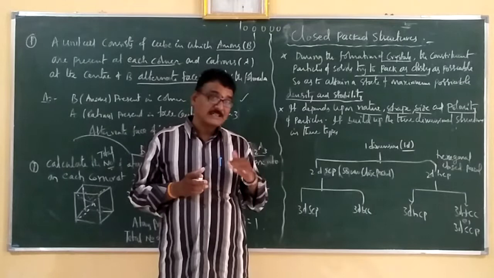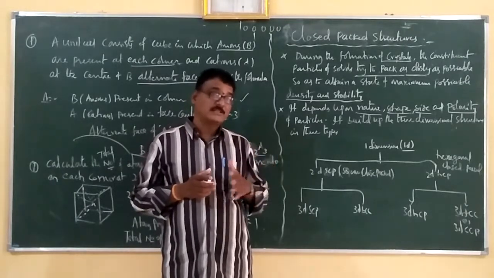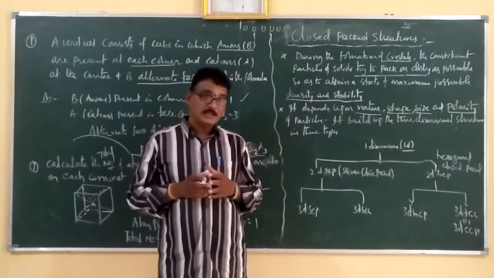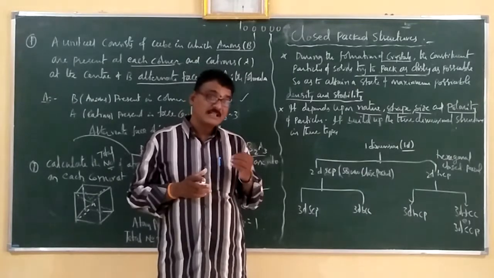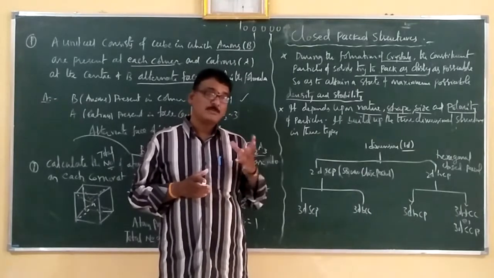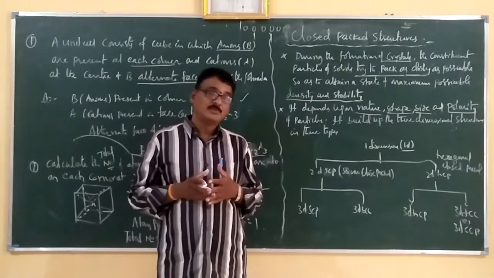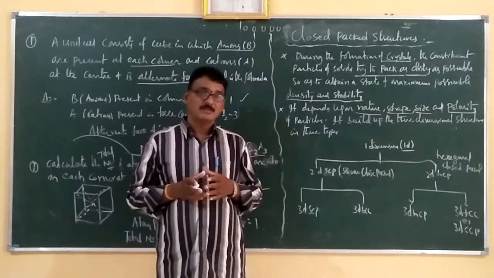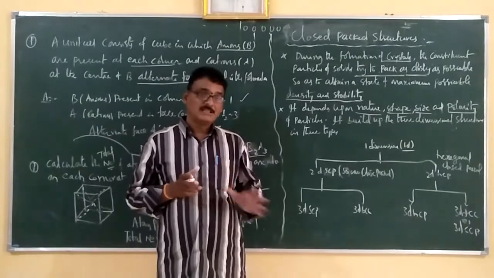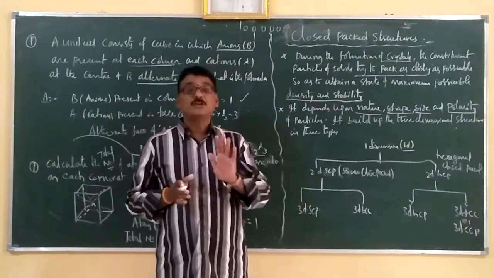How much percentage of the cube the atoms occupy is called packing efficiency. What are the empty spaces? Which metals cause these different types of dimensional structures? Everything comes next. This is purely objective oriented.